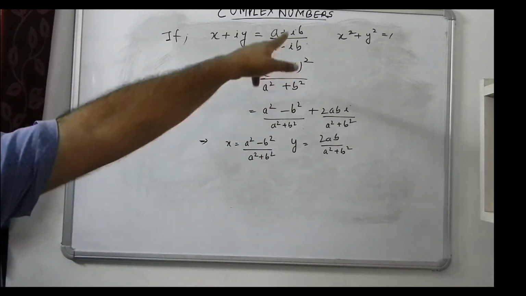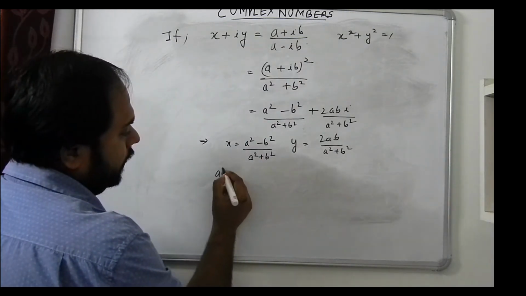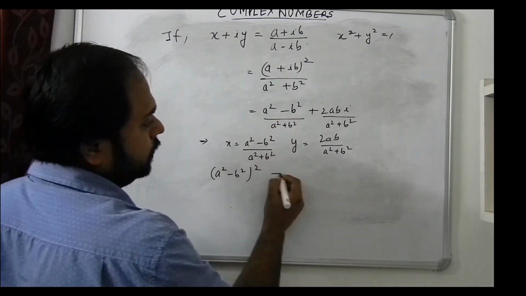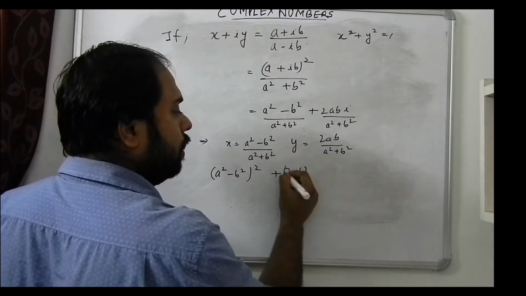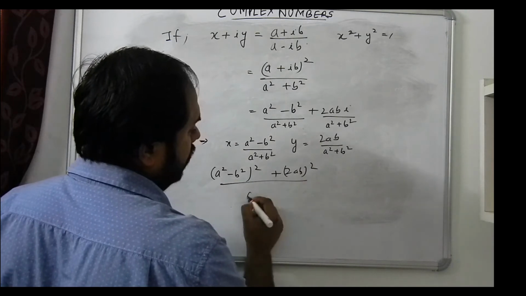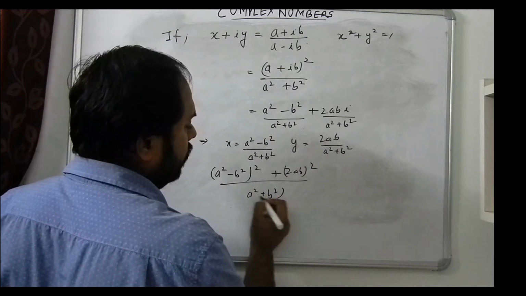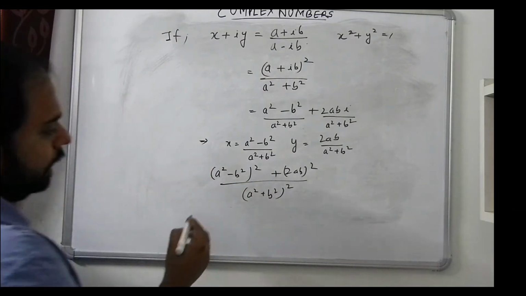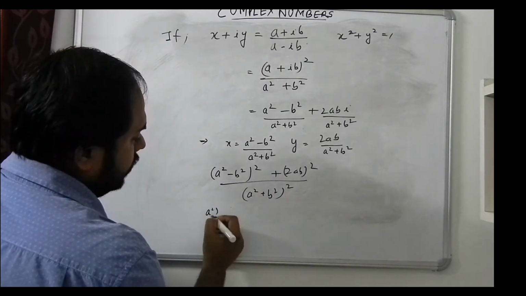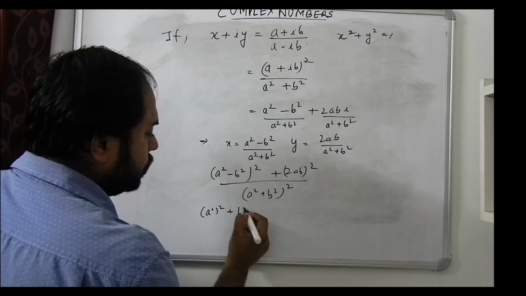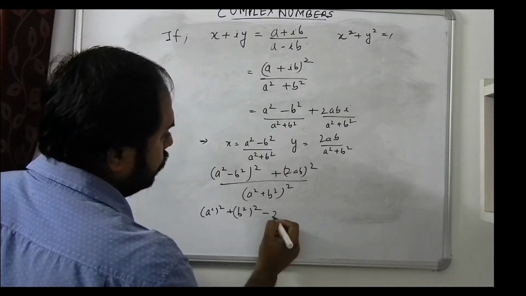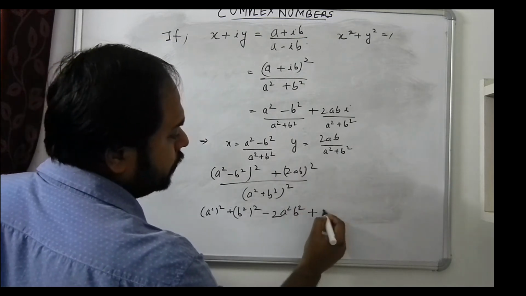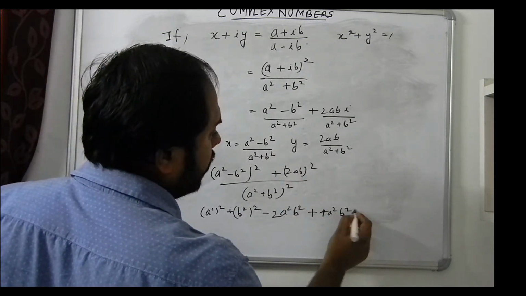Now when I solve for x square plus y square, what I get is a square minus b square whole square plus 2ab whole square upon a square plus b square whole square, right? So when I solve this, I get a to the fourth plus b to the fourth minus 2 a square b square, and this becomes plus 4 a square b square, right?